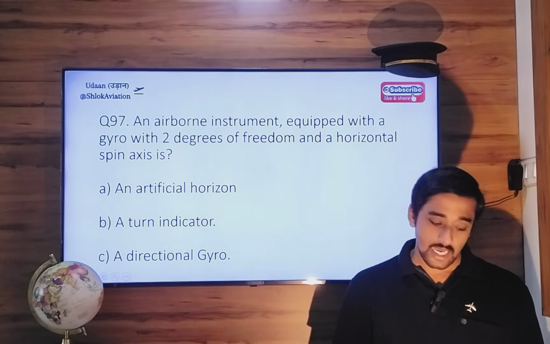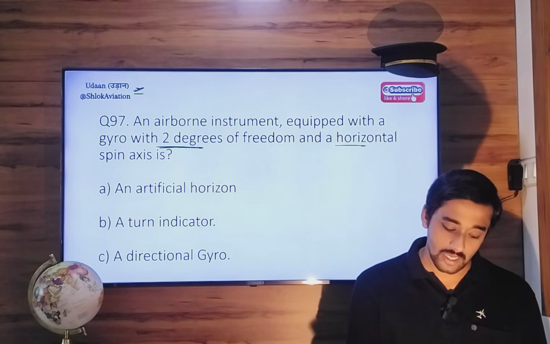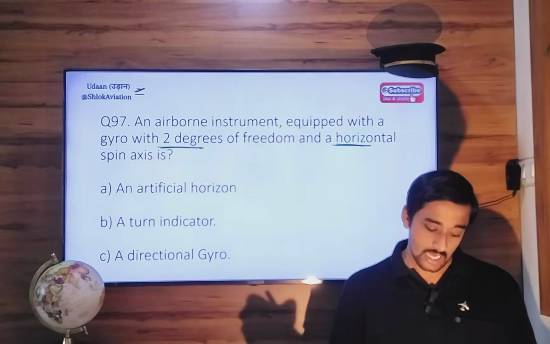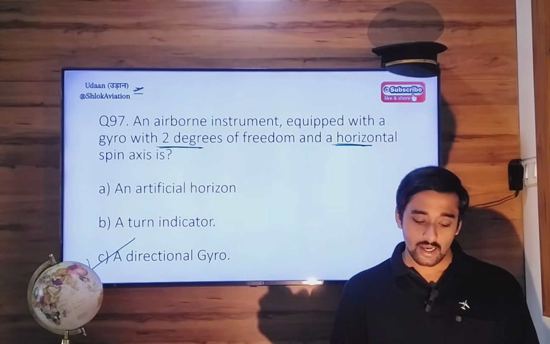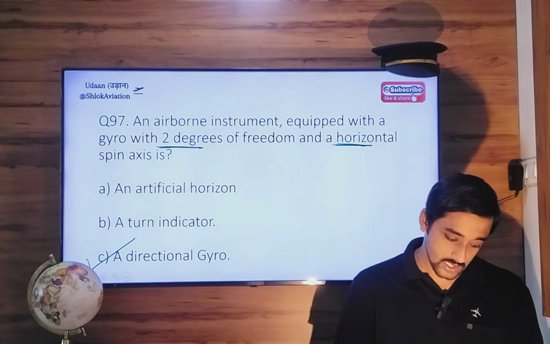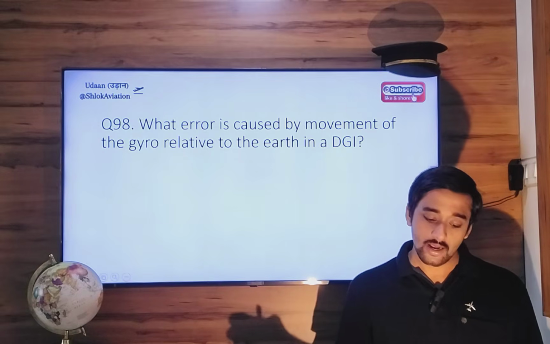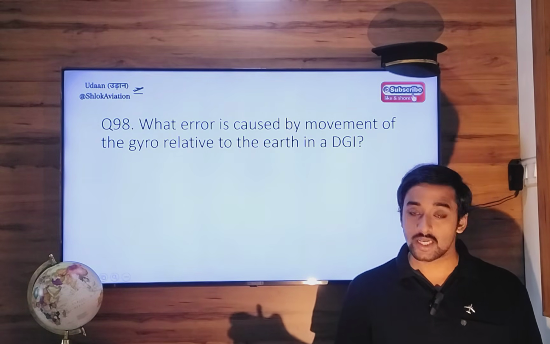An airborne instrument equipped with a gyro with 2 degrees of freedom and a horizontal spin axis is an artificial horizon, turn indicator, DGI. So the correct answer is option Charlie. A DGI is an airborne instrument with 2 degrees of freedom and a horizontal spin axis. What error is caused by movement of the gyro relative to the earth in a DGI?